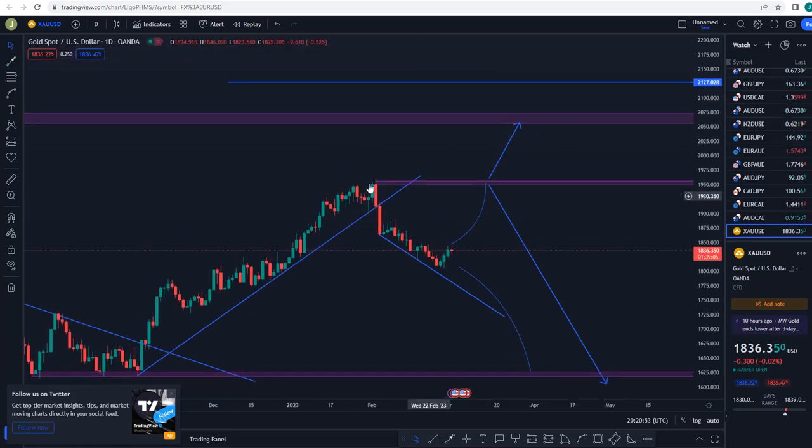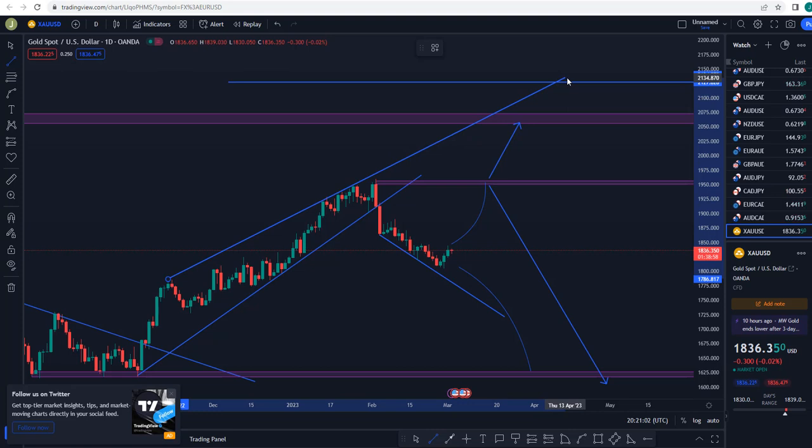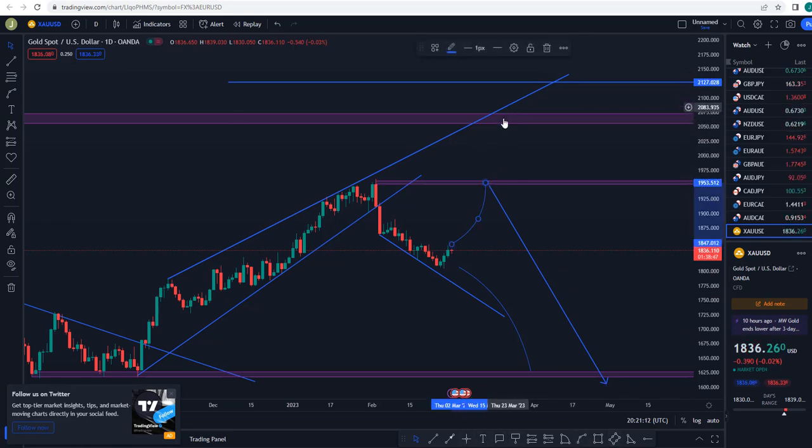Those are the scenarios. But let's look at higher highs. Yeah, was there any sign? Okay, chances are it's likely to touch, to break here and touch here.